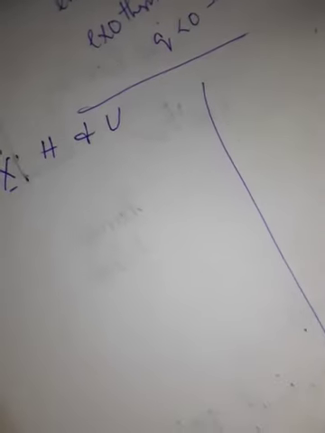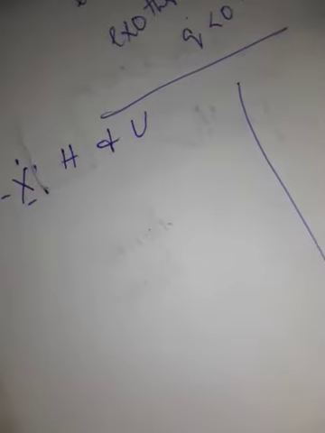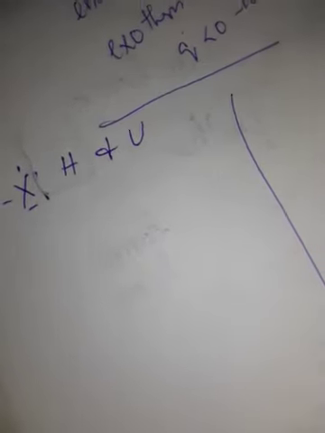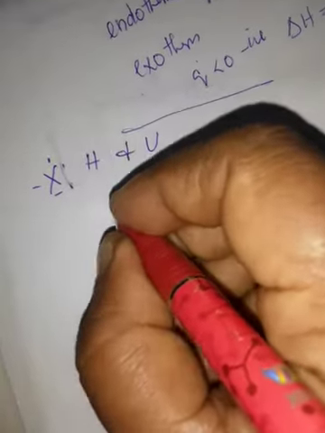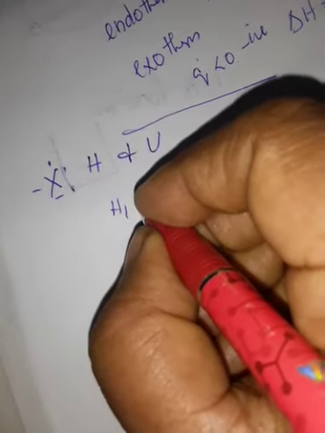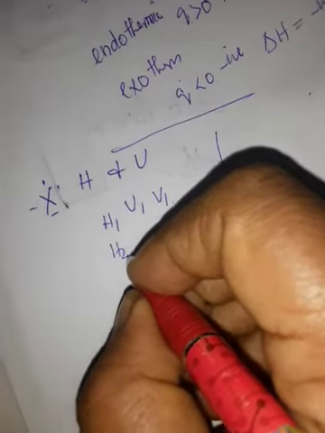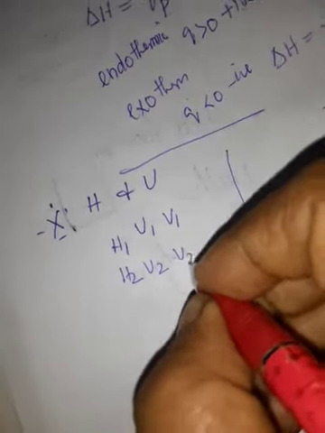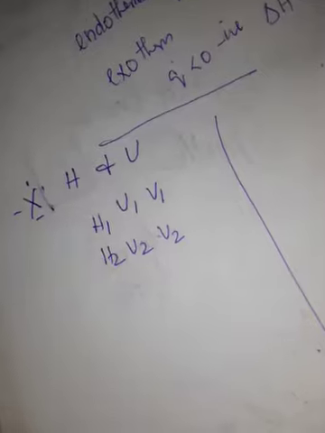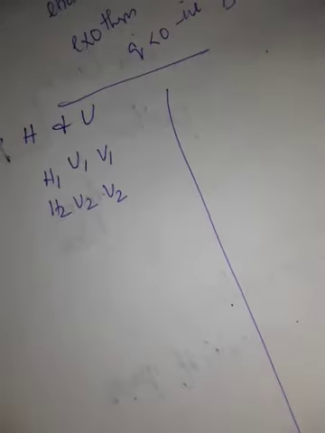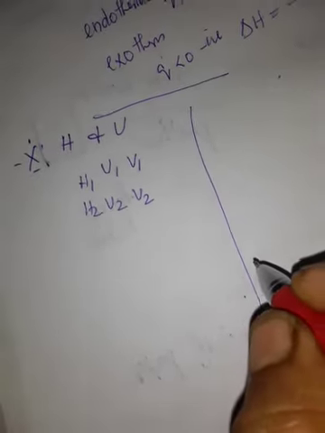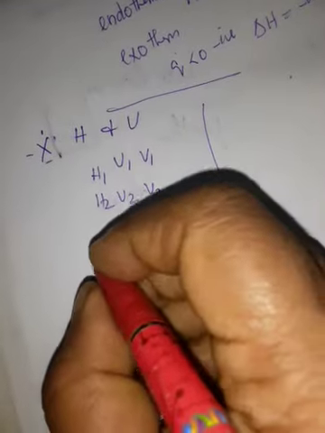When the system at constant pressure undergoes a change from an initial state H1, U1, V1 to a final state H2, U2, V2, how will you write for enthalpy? Already you know the definition.